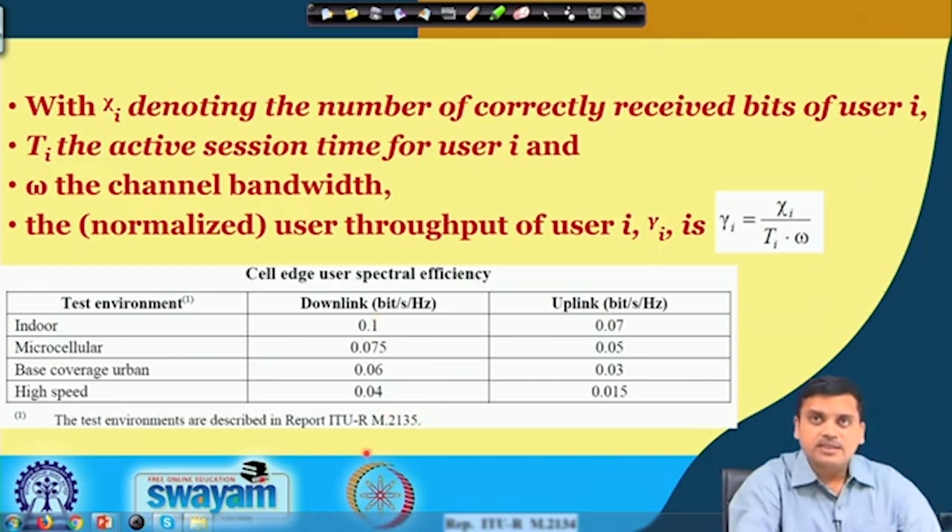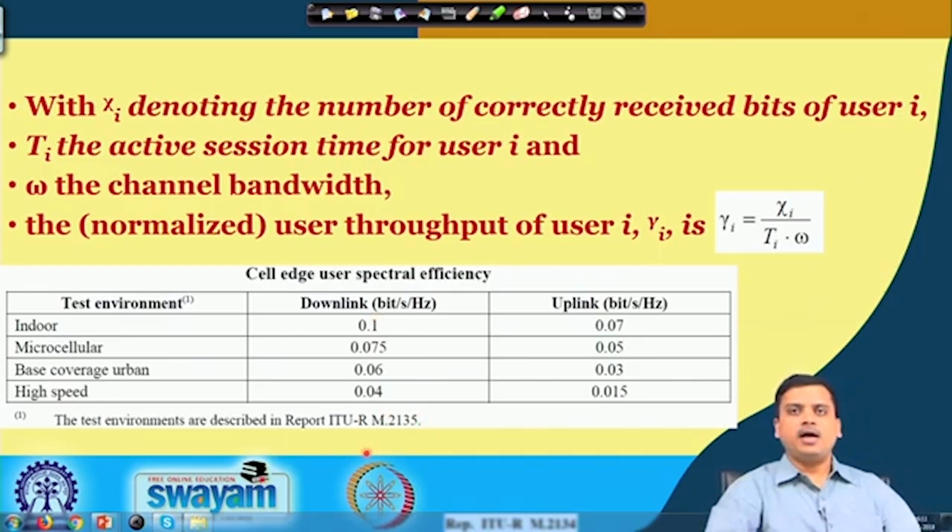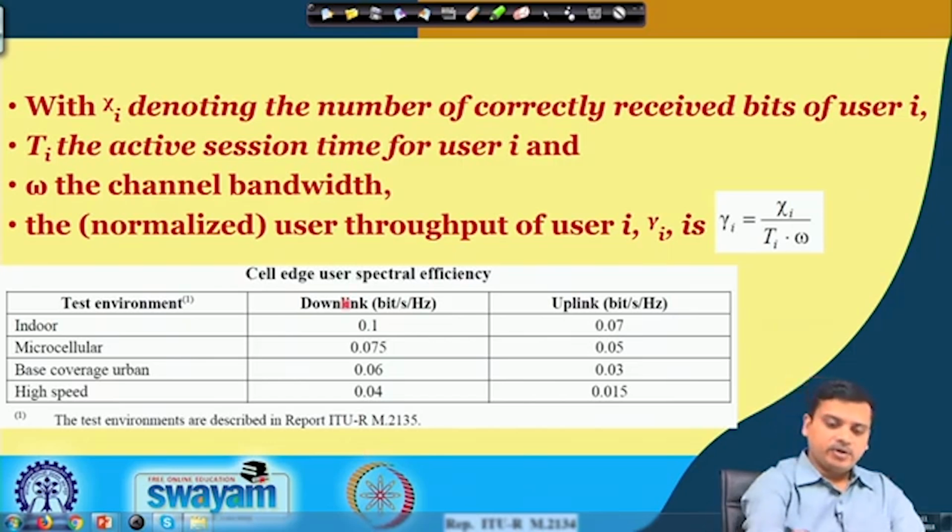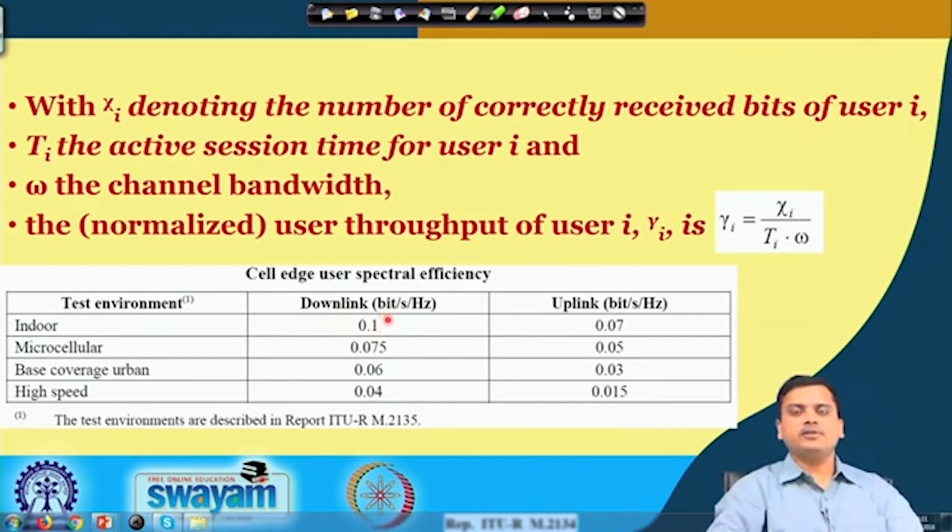Now, in some other situations, this is also described as the 5 percentile outage spectral efficiency. That means 95% of the time the spectral efficiency in the downlink direction in indoor condition would be above this particular number. So, this is kind of the bottom line performance of the system.